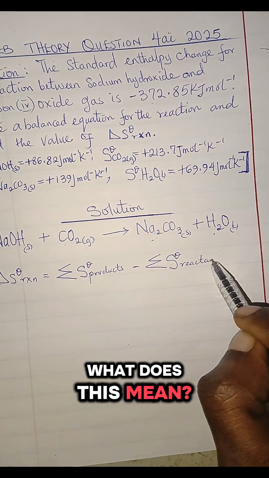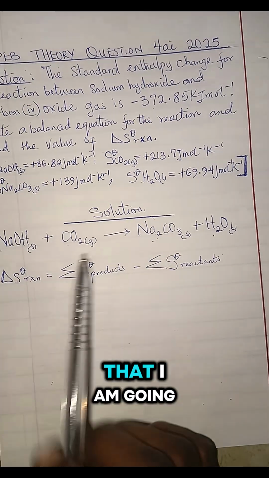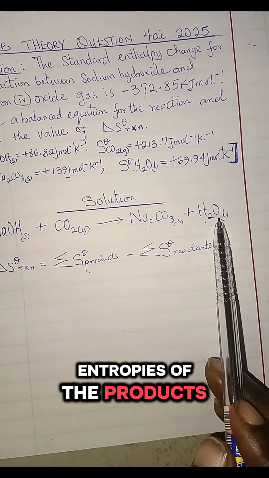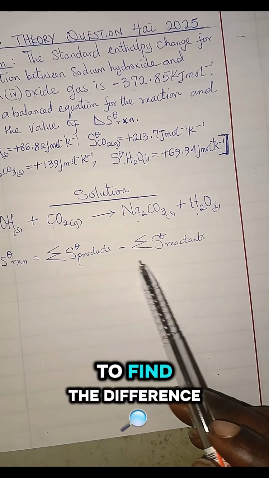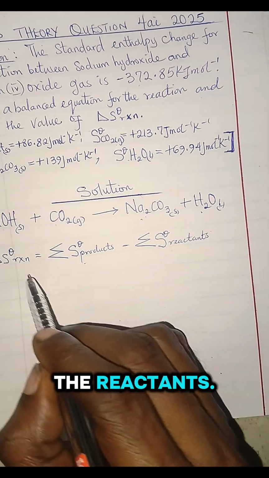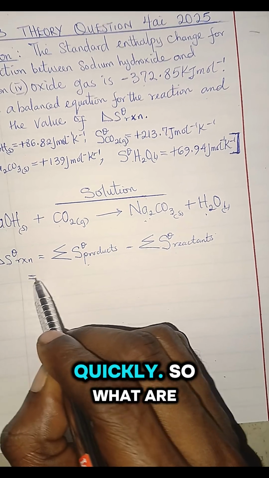What this means is that I am going to add up the entropies of the products, and then I'm going to find the difference between that and the sum of the entropy of the reactants. So let's do that quickly.